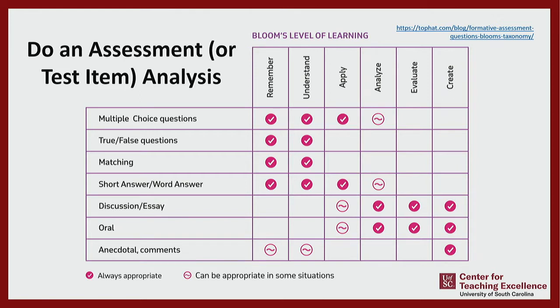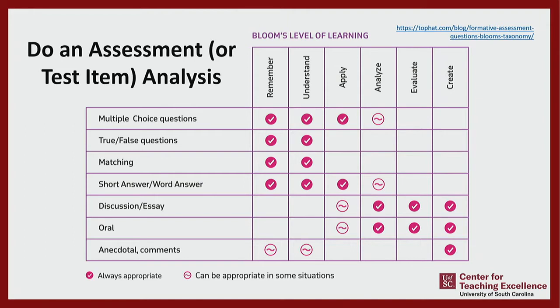So in this example, on an exam, multiple choice questions, true, false, matching: these are the levels those types of questions typically reach with Bloom's. Just basically remember, understand, maybe apply. If you have essays on the exam, then yes, you're getting at analyze, evaluate, create.